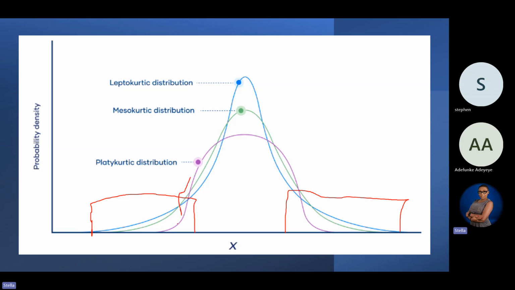Very small tail. Can you see? The tails are small. The outliers are not much. We have more of the value. So if you have a distribution that is platykurtic, it's going to be like this.